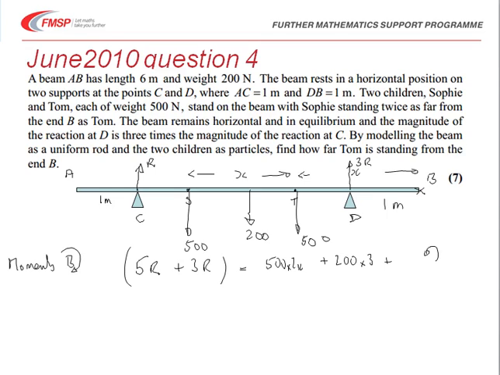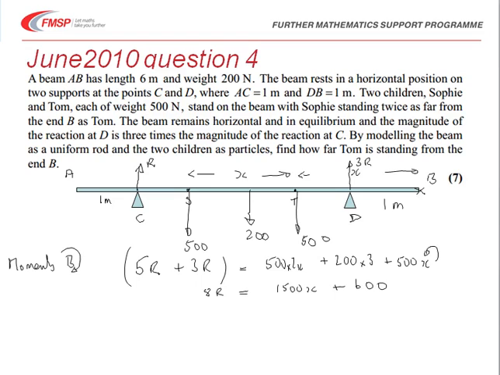And then finally we've got Tom, who's 500 multiplied by x. So just working this out, or rearranging it a little bit and simplifying it, that's 8R on the left hand side, 1500x plus 600 on the right hand side.